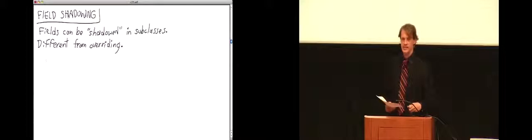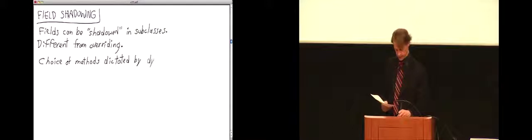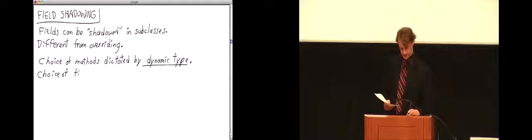It's more something you need to know to avoid pain. So in overriding, the choice of methods is dictated by the dynamic type of the object. But in field shadowing, the choice of fields is dictated by the static type.